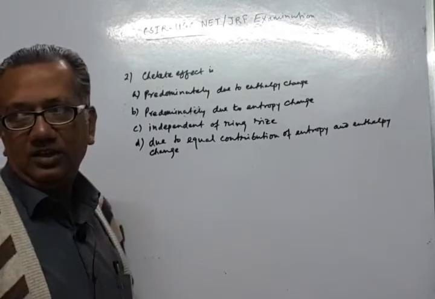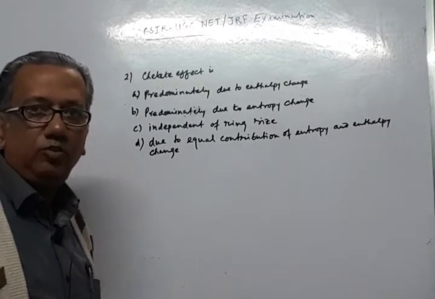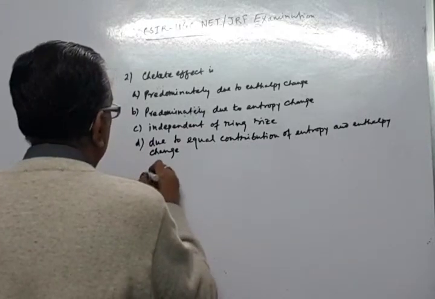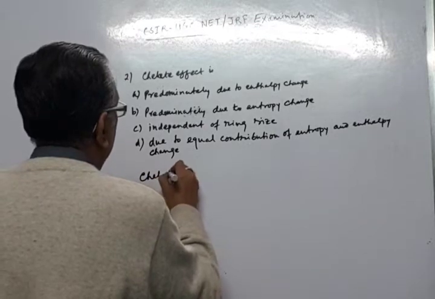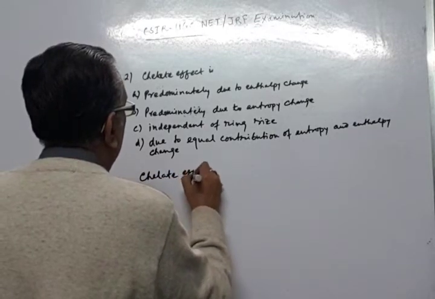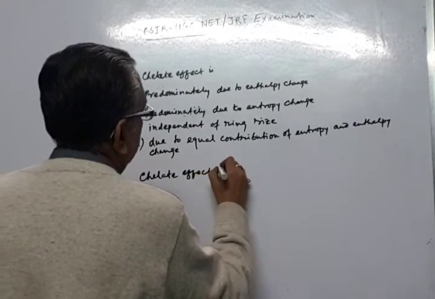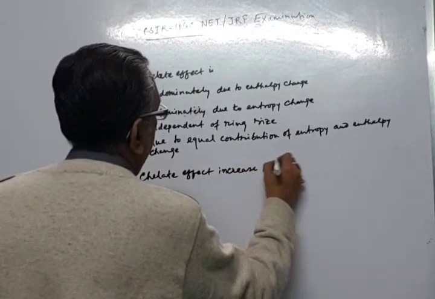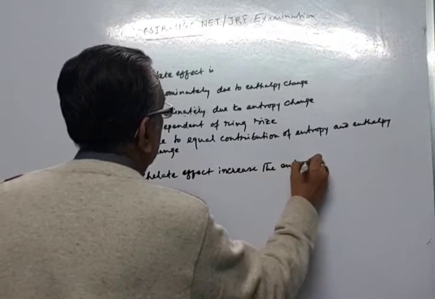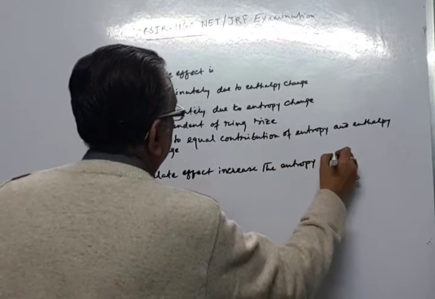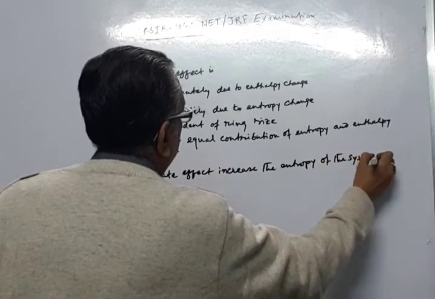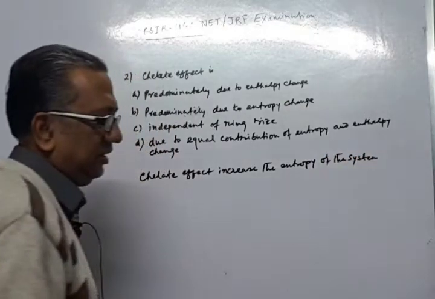So it is entirely a function of the entropy, and the chelate effect increases the entropy of the system as the number of species is increasing.